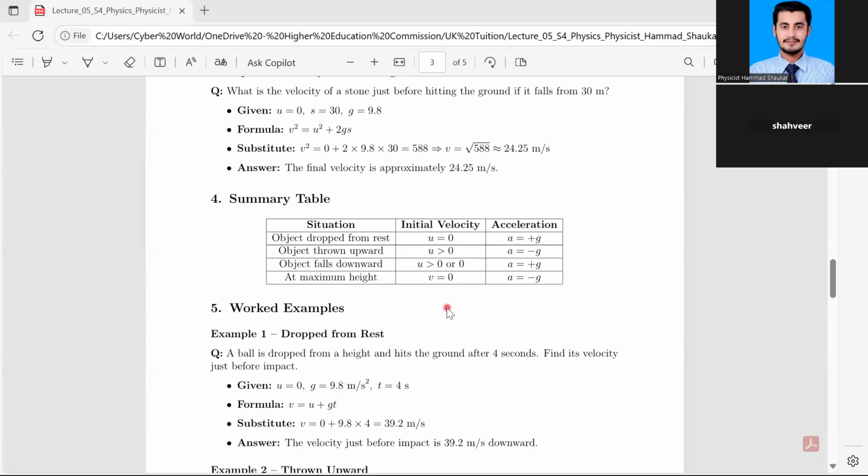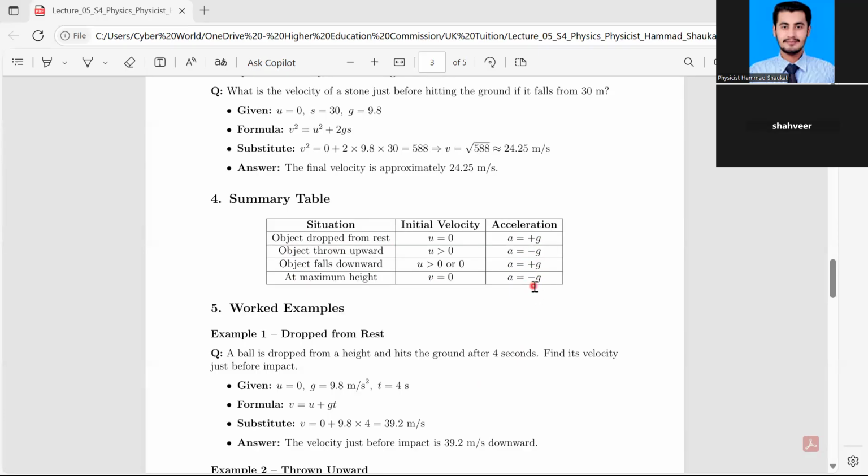Yes, 0. Your acceleration would be positive if your objects just fall downward or drop from rest. And if you throw your objects upward or at the very maximum highest point, your gravitational acceleration would be minus.